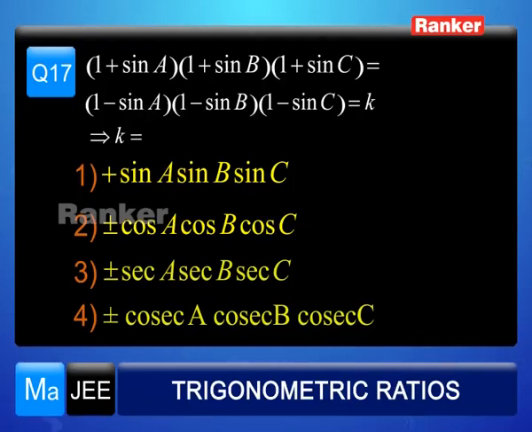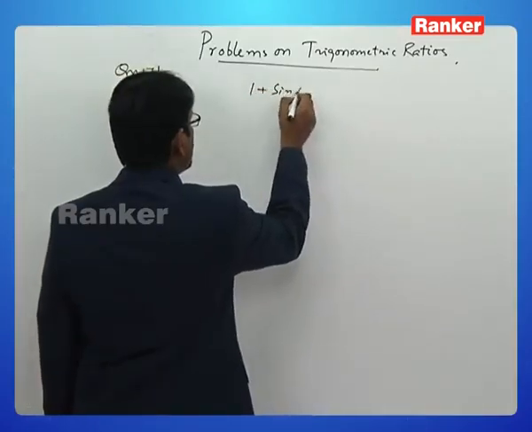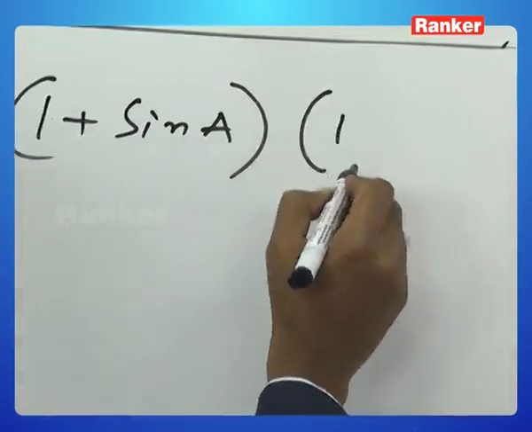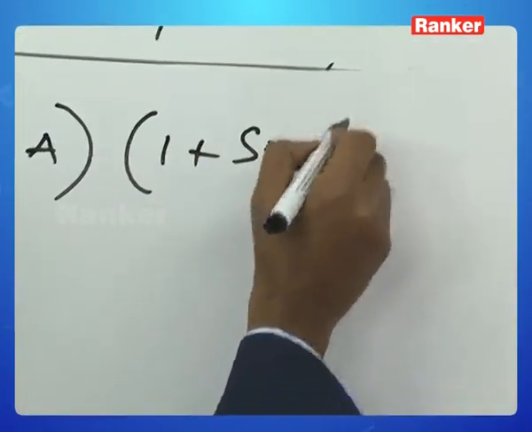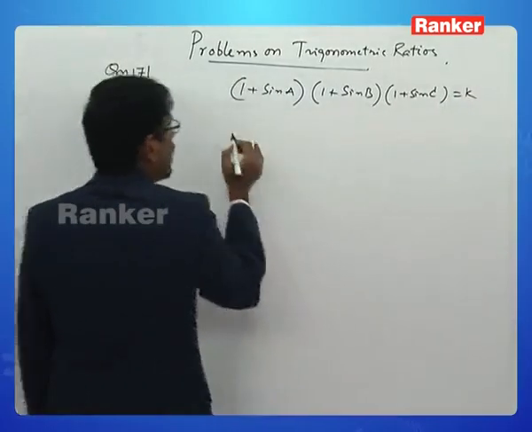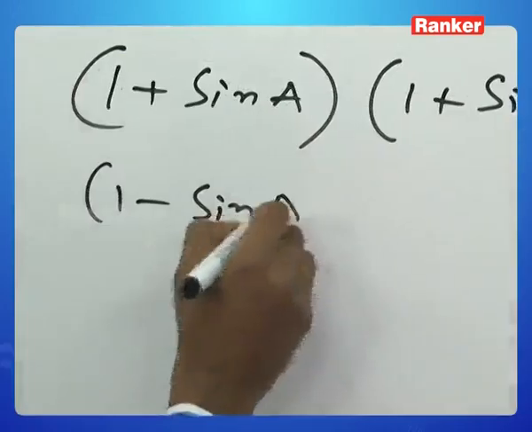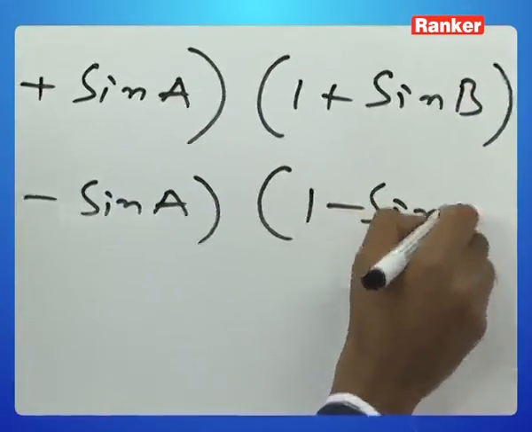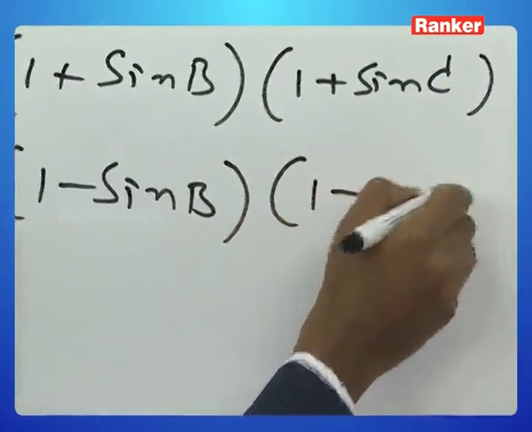Then k is equal to: first option, sin A into sin B into sin C. Second option, plus or minus cos A into cos B into cos C. Third option, plus or minus secant A into secant B into secant C. Fourth option, plus or minus cosecant A into cosecant B into cosecant C. What have we been given? 1 plus sin A into 1 plus sin B into 1 plus sin C is k, and 1 minus sin A into 1 minus sin B into 1 minus sin C is also k.